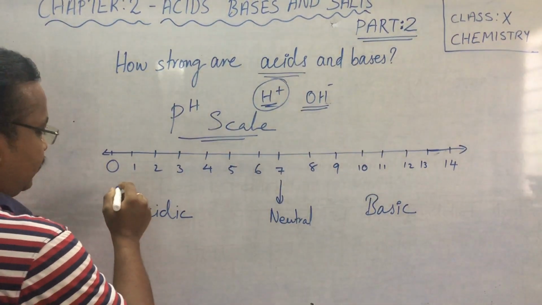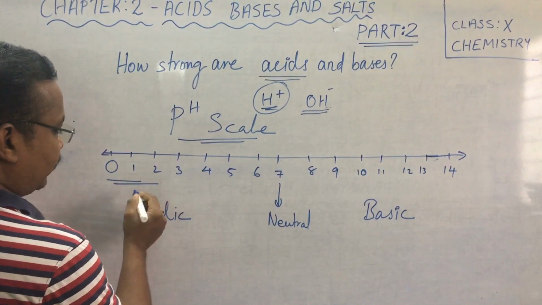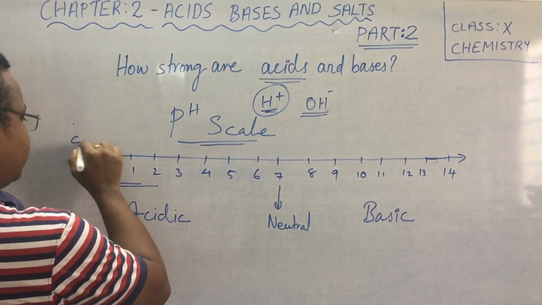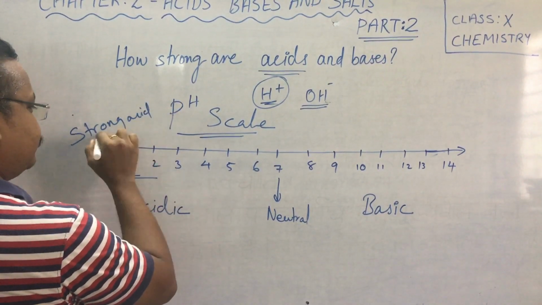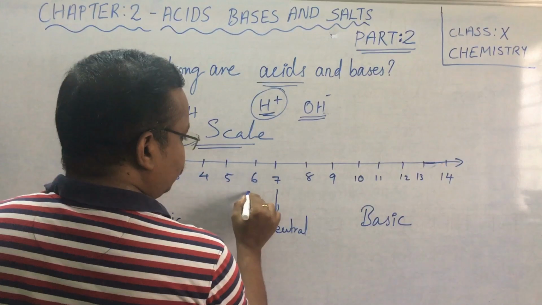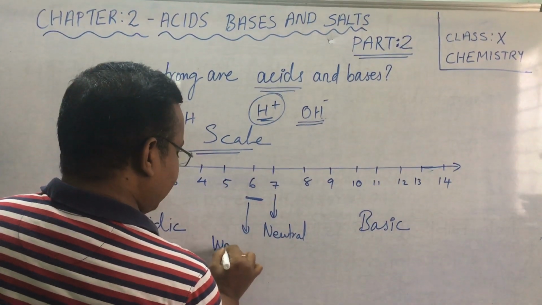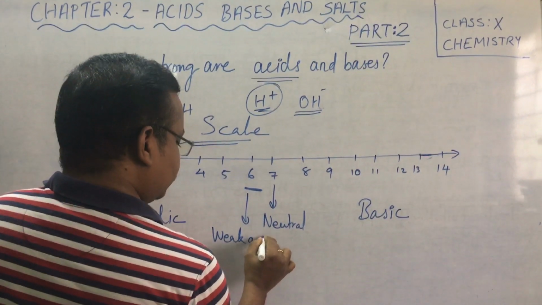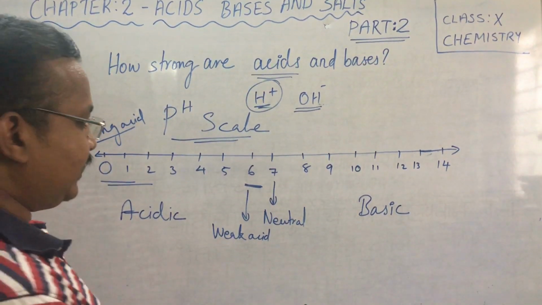Now if the pH shows 0, 1, 2 and so on, then that substance is a very strong acid. And if it is in the 6 to 7 range only, then this is a weak acid.